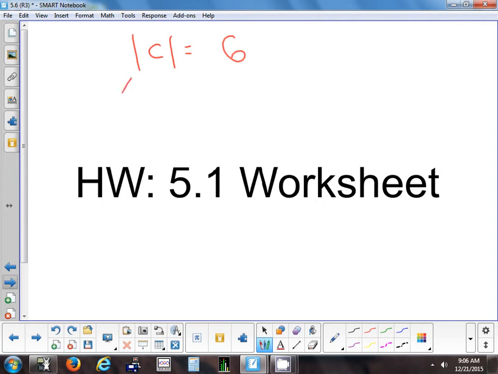Split it. You get C equals 6 and C equals negative 6. Perfect. Guys, for something like that, there's no math involved. It's all set. All you have to do is just split it. There's nothing else you have to do.